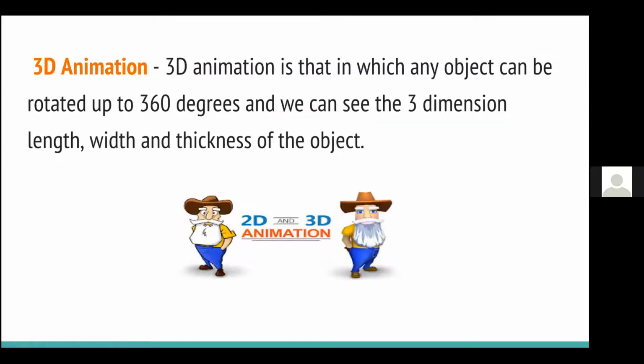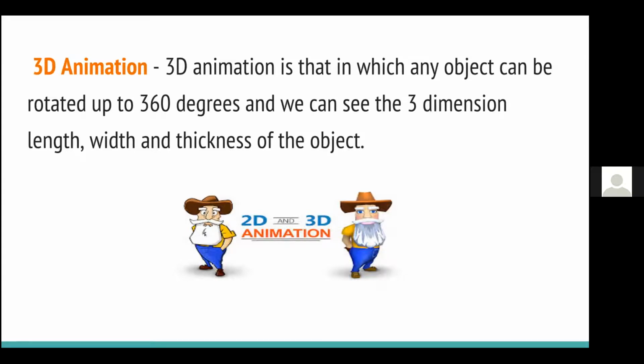So what is 3D animation? 3D animation is that in which any object can be rotated up to 360 degrees, and we can see the three dimensions of that particular object: length, width, and thickness. You can see an example on the screen where an object is visible in 2D, where we can see only length and width of the image.